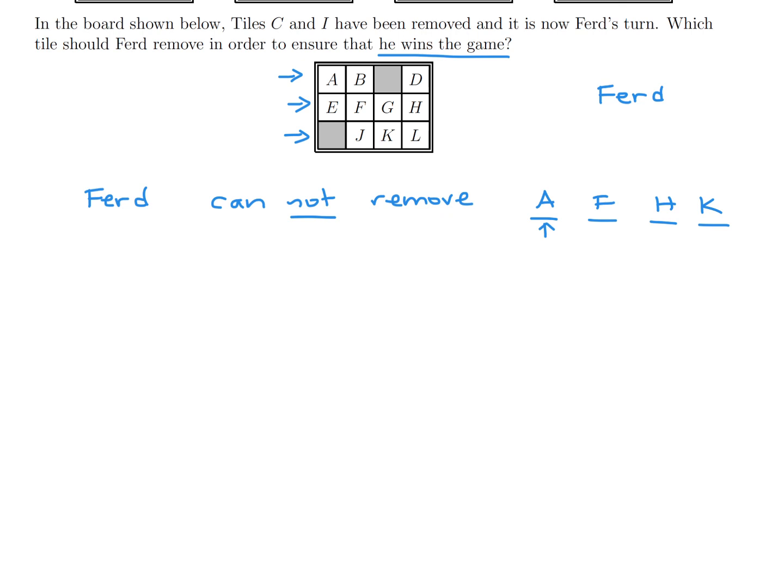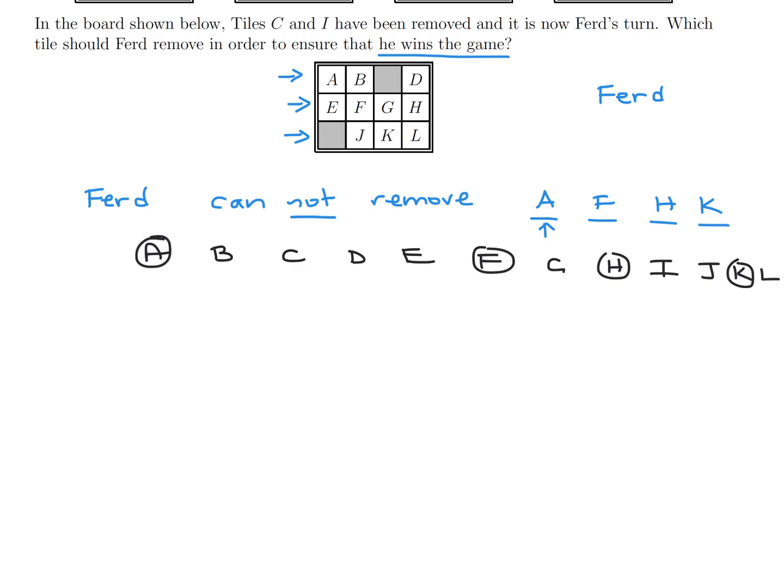Now let's look at other scenarios. Well, to make my life simpler, let me just list out the letters here. A, B, C, D, E, F, G, H, I, J, K, and L. Now, I've already discussed A, F, H, and K, correct?